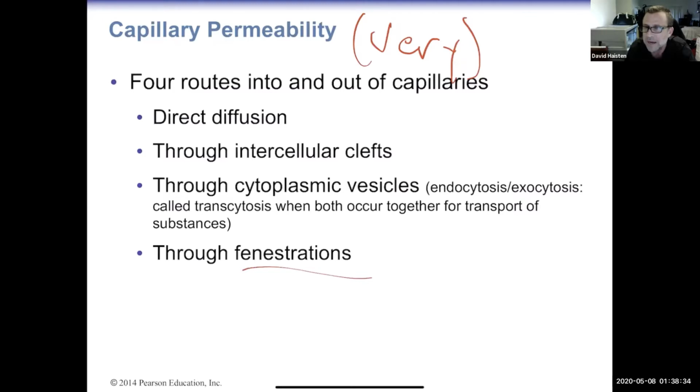Objects are actively moved in through the cell's plasma membrane, through the cell's cytoplasm, and out the other side. So these are four routes in and out. Direct diffusion: oxygen, CO2, nitrous oxide, ethanol, small nonpolar molecules. Through intercellular clefts, or windows, the pores, or transcytosis.